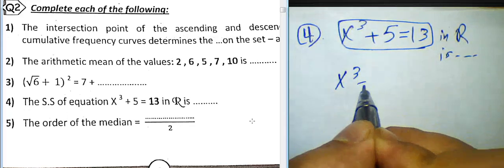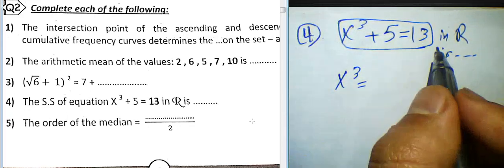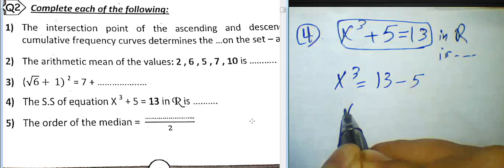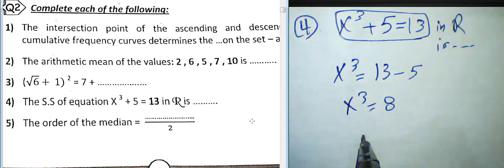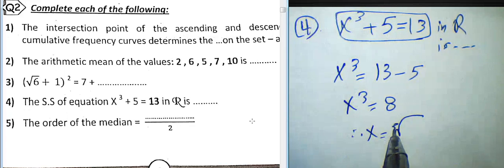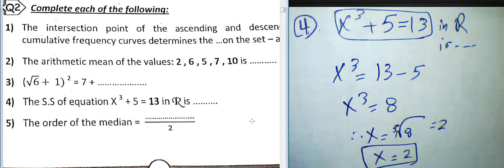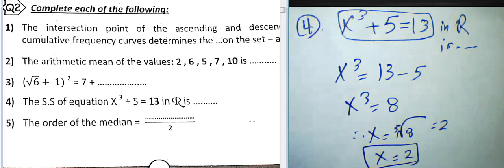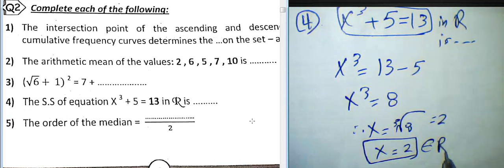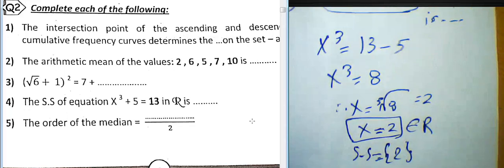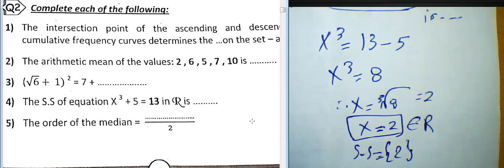First, we can solve it by moving 5 from the left hand side to the right hand side and inverting the sign here. 13 minus 5, x to the power 3 equals 8, and then x equals the cube root of 8 equals 2. Then x will be equal 2. So the solution set of this equation will be 2 because 2 belongs to the real numbers. The solution set will be 2. Okay, this is the result.